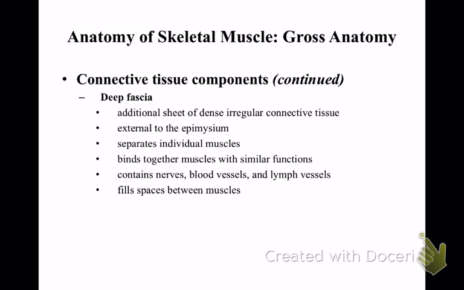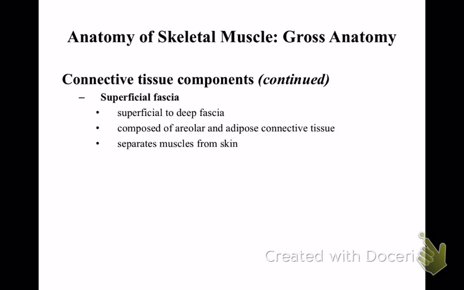What separates the muscles from each other is the deep fascia. So I can contract one of those muscles without affecting the neighboring muscles too much. Okay, that's what the deep fascia does. It separates one muscle from the neighboring muscle.